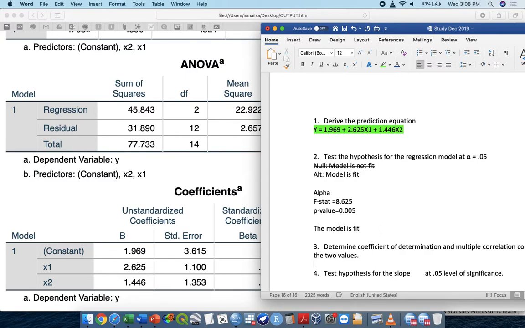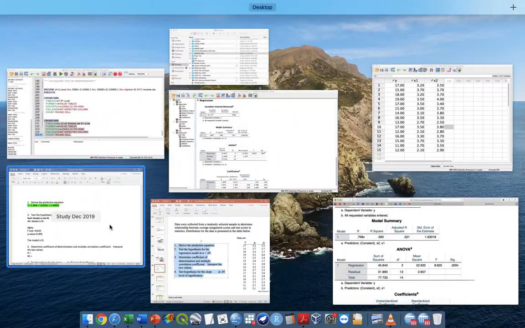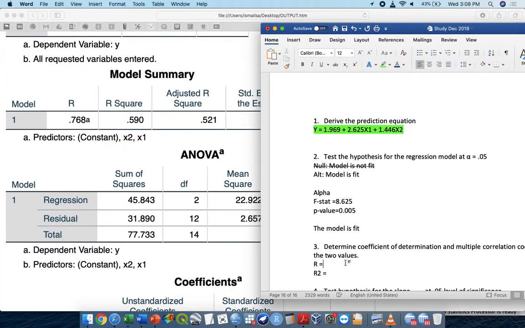Okay, the third question: determine the coefficient of determination and the multiple correlation coefficient. That means they require the R and also R square. What is your R? Your R is 0.768, and your R square is 0.590, which is equivalent to 59.0%.